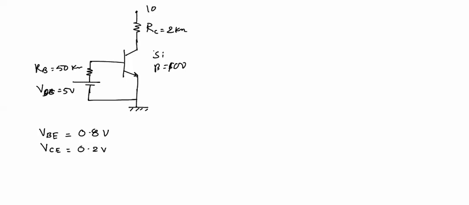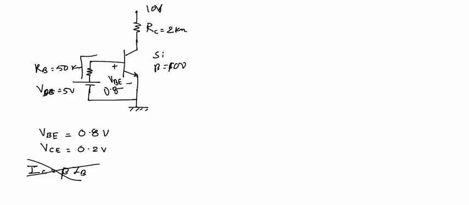Now once we have proved that this transistor is operating in saturation, we cannot use the equation IC equal to beta into IB. This equation is not valid for a transistor in saturation. Now this voltage VB is equal to 0.8 volt this time.